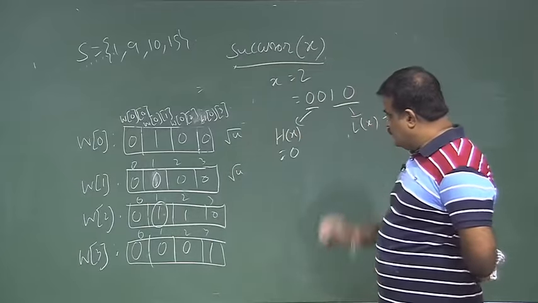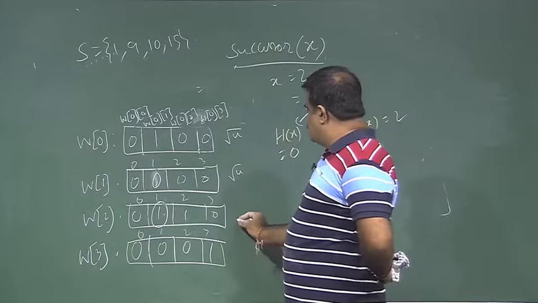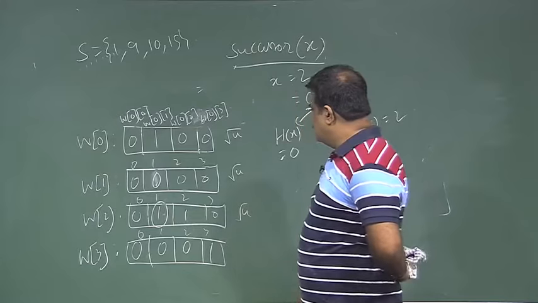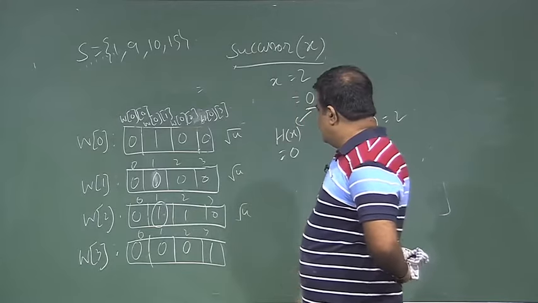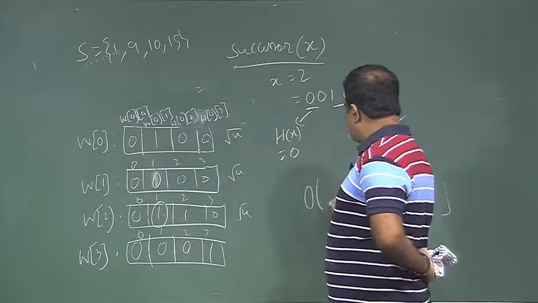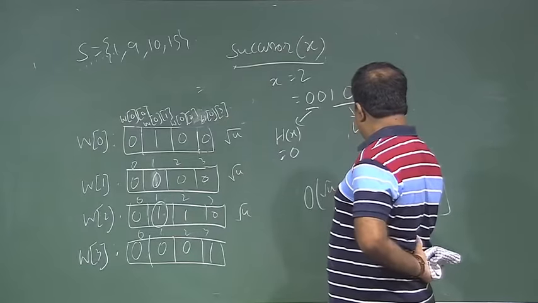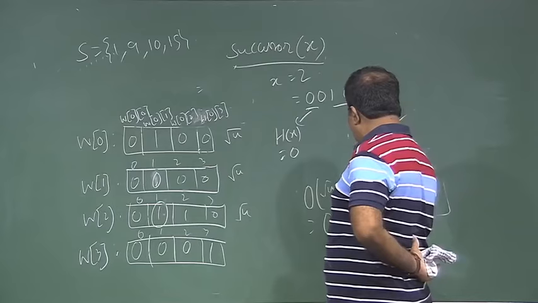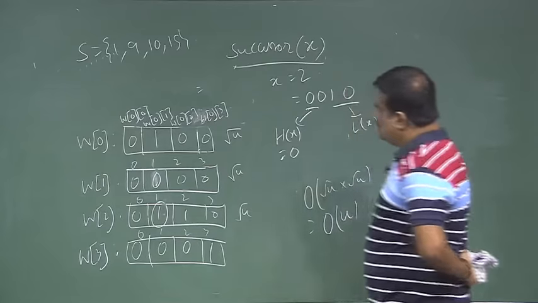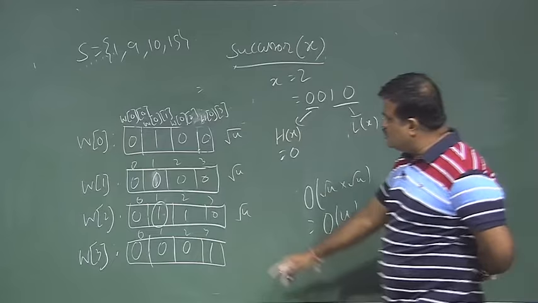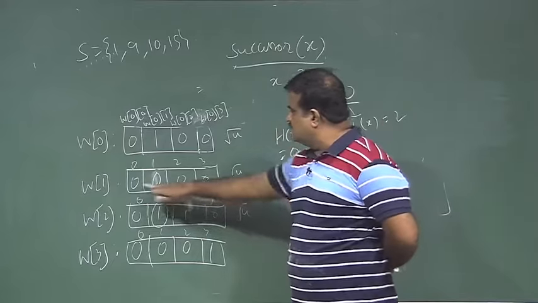Okay. So, then maybe here also we need to look like this, or maybe we can get it at the end. So, this way it will take order of root u into root u, so order of u. So, no gain. But can you think of some augmentation of this data structure? Because we know this block is a 0 block.